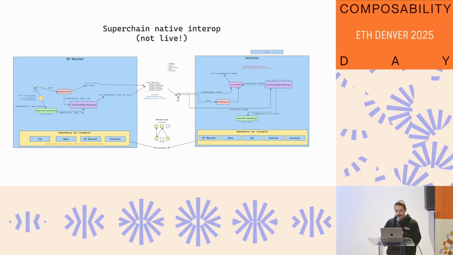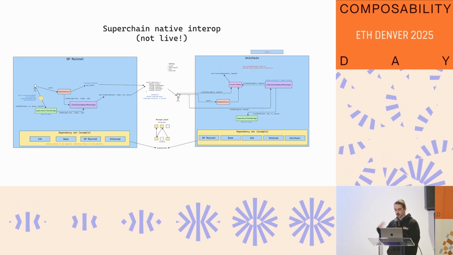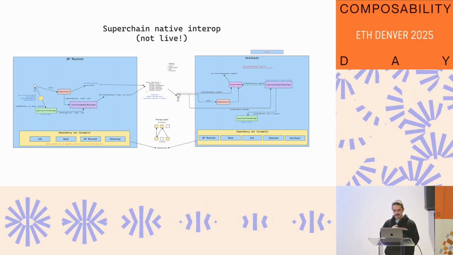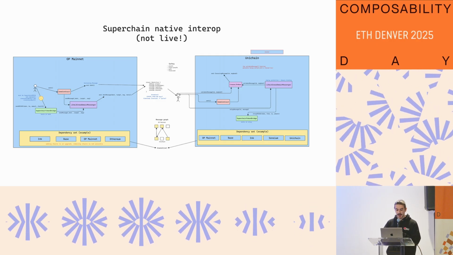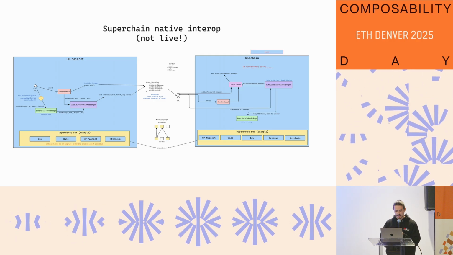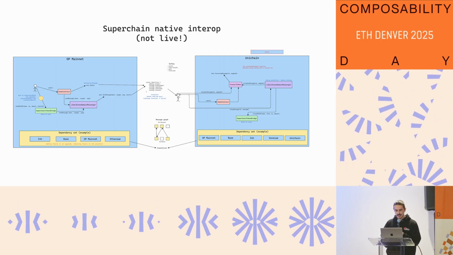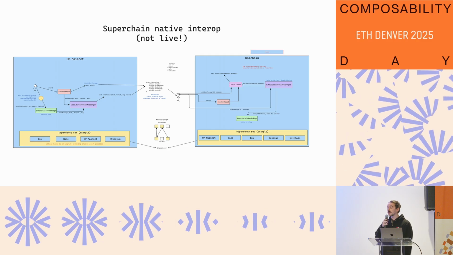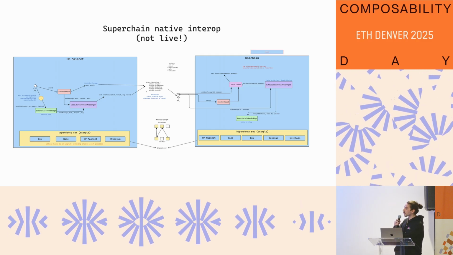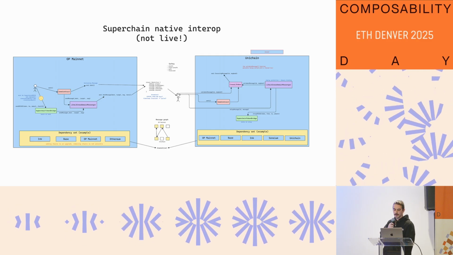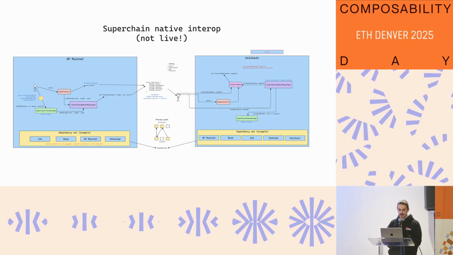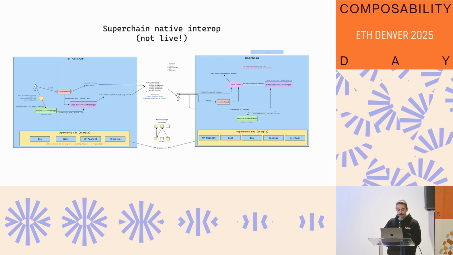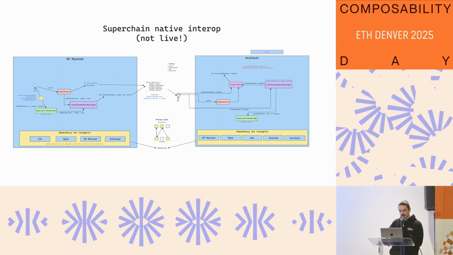And then the third type of interop solution that I want to discuss is Optimism native interop. This is for arbitrary messages, which is interesting. But the high-level intuition is that you enshrine the interoperability protocol within the derivation rule of the rollup itself. In the sense that if I want to send a message from OP Mainnet to Unichain, I will have an initiating message on one side.